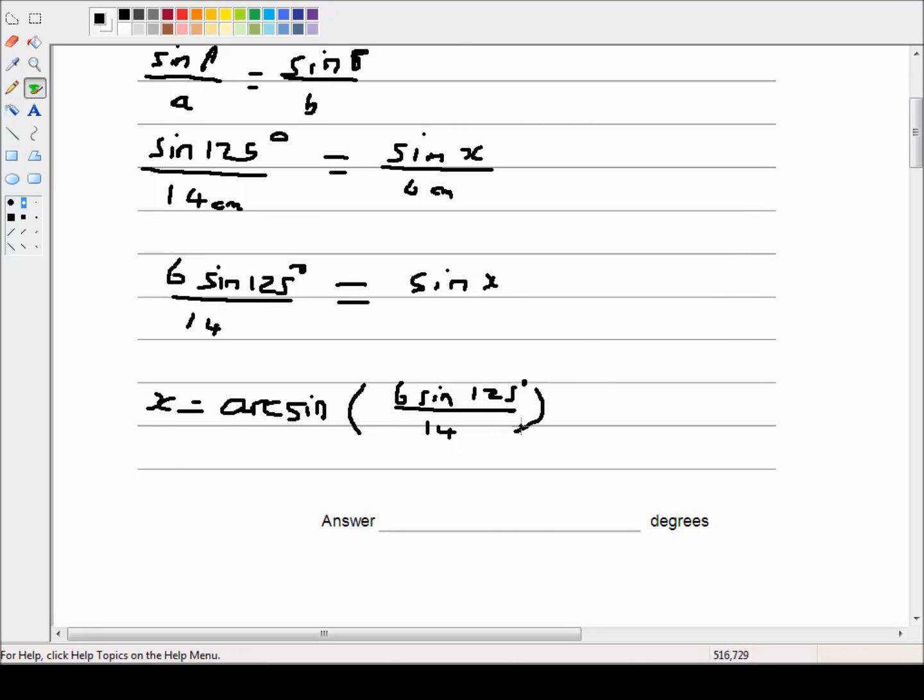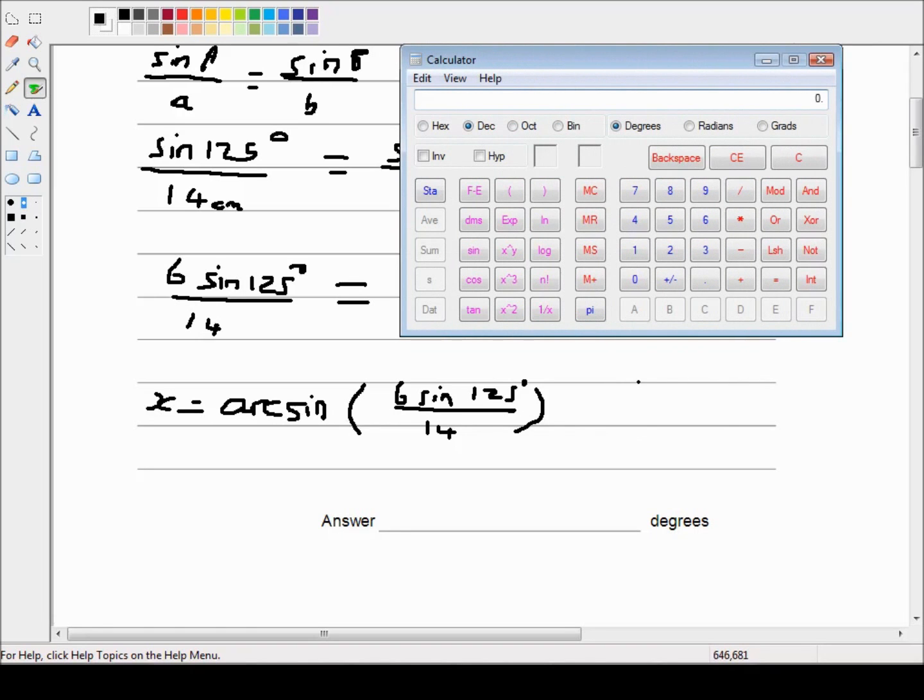And this is just a simple case of plugging that into a calculator. Okay, so I've got my calculator. Now the way my calculator is programmed, I would do it like this. 6 times 125. Check that I'm in degrees. That's decimal, that's degrees, and that is right.